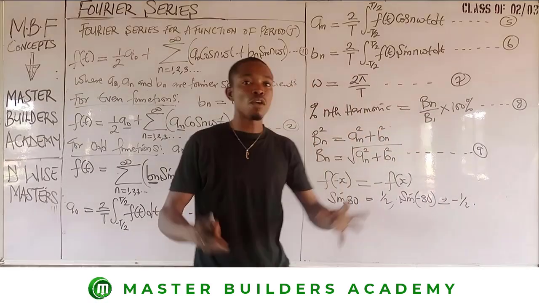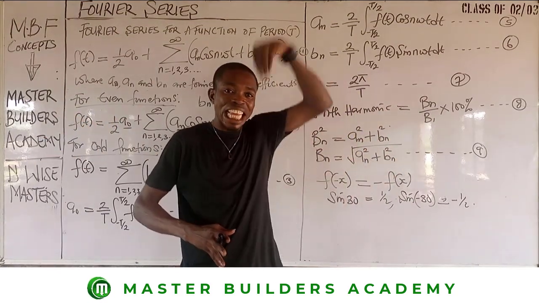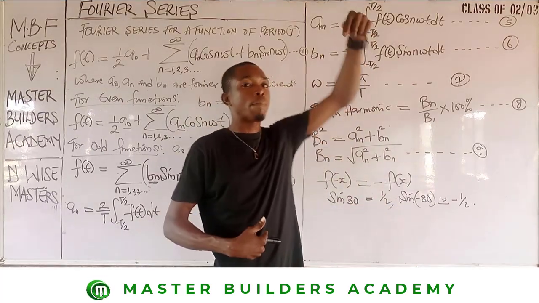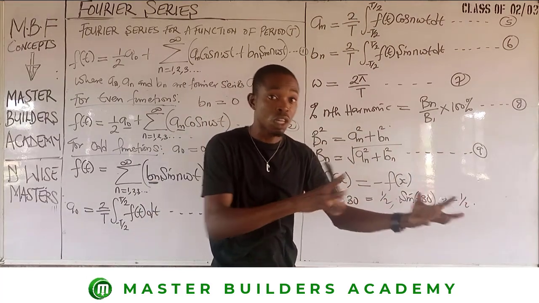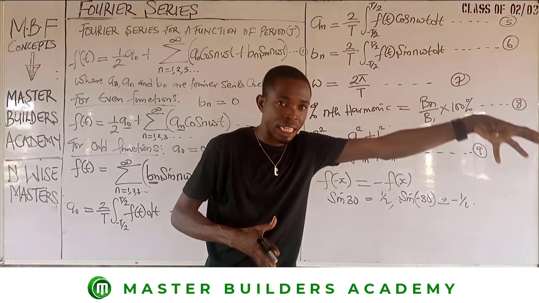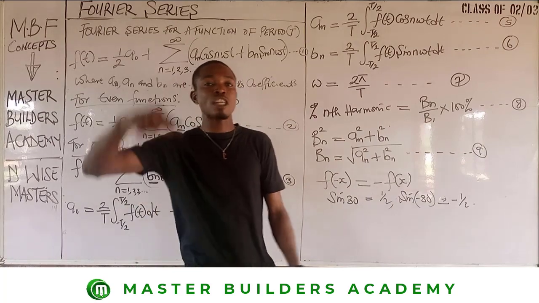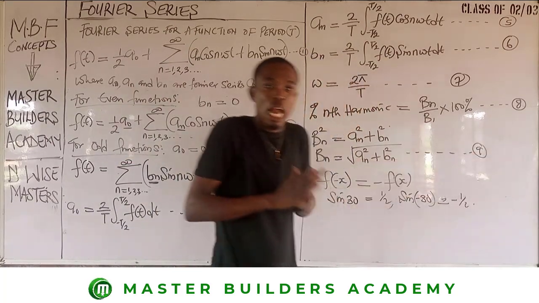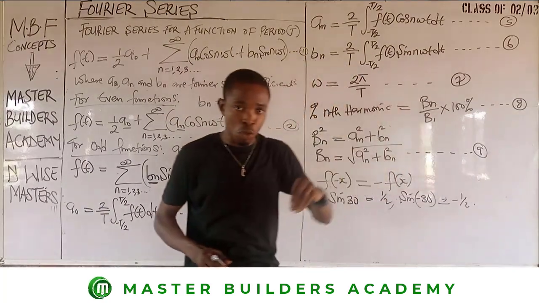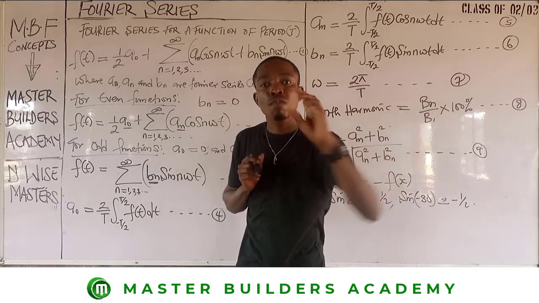It shows that for every odd function, if you put in a negative value into the function, the end product will be negative. And if we only put a positive value into the equation, the end product will be positive. So what you put in, the sign you put in, is what you will have in return. Garbage in, garbage out. So if I substitute a negative value, my end product will be negative. If I substitute a positive value, my end product will be positive. This is the theorem of an odd function.